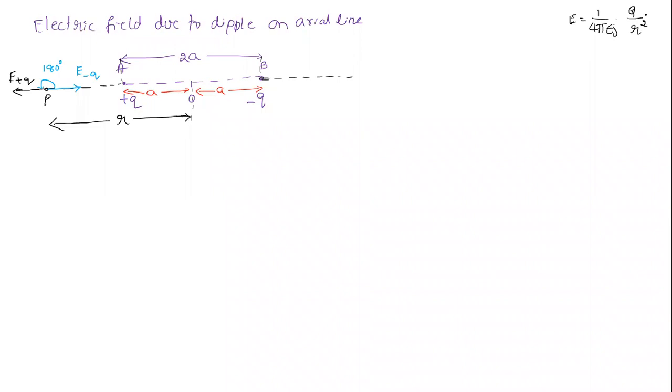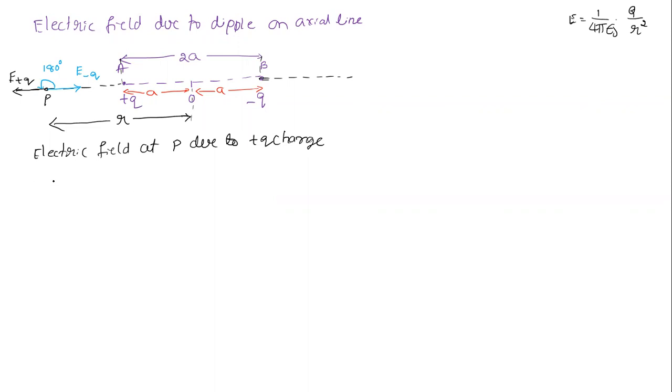Okay, now we know. So I'm going to take now, first thing, this diagram is clear to all of you now. Now I'm going to find the electric field at a point P due to the positive charge.